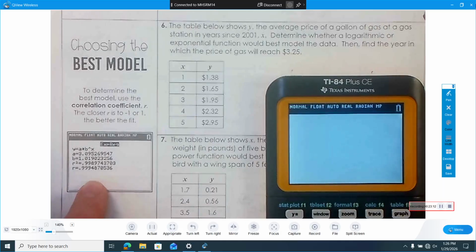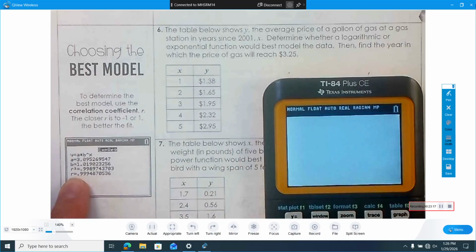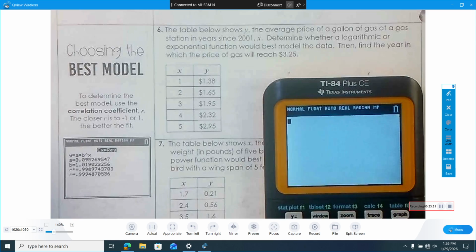I haven't done this in forever, so there's an R value right here. The closer you are to 1 is the more accurate it is to the actual data. So the closer you are to 1 or negative 1, that's going to be the better model. So choose the one that has the R value closest to 1 or negative 1. You'd run both and see which one has the better R value. I think you'll be able to get it. Yeah? Okay. All right, cool. I think that'll do.